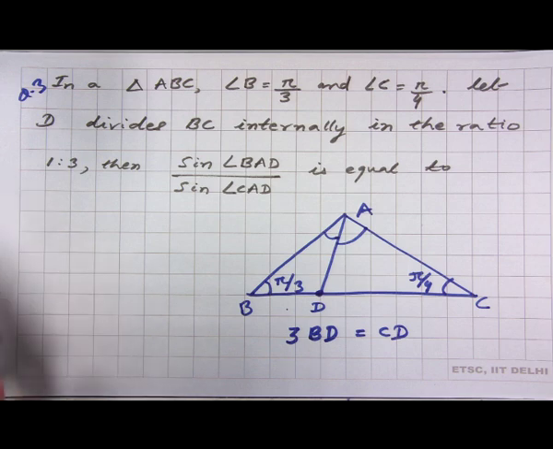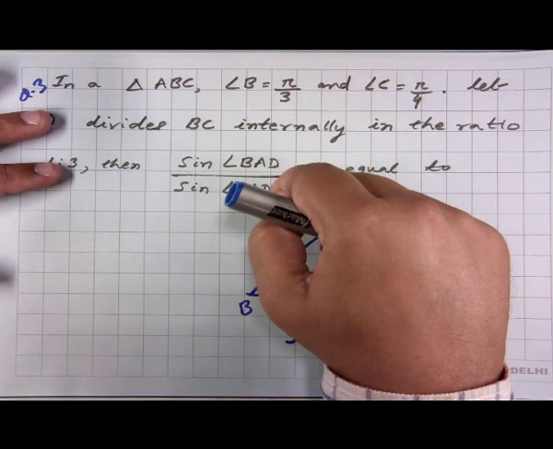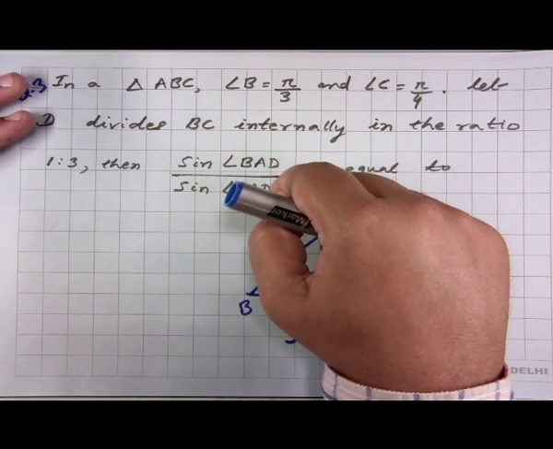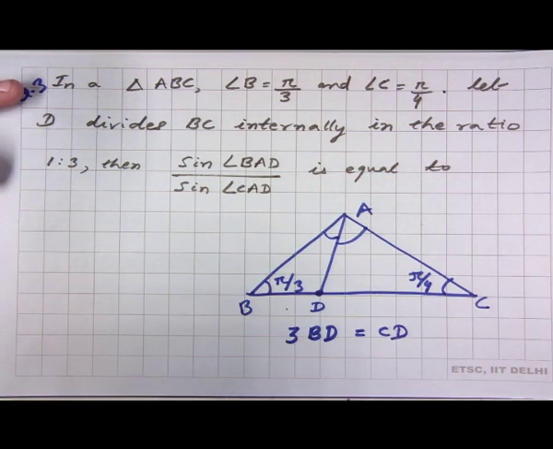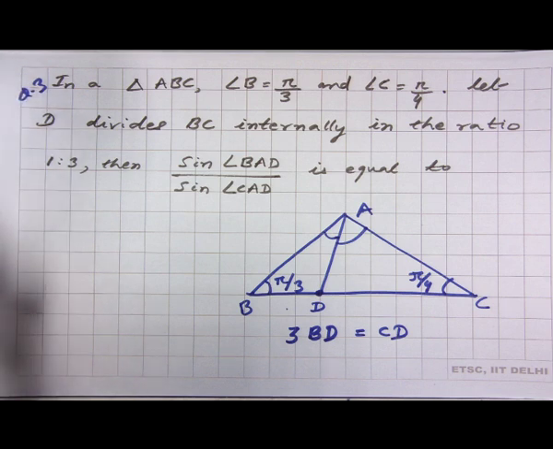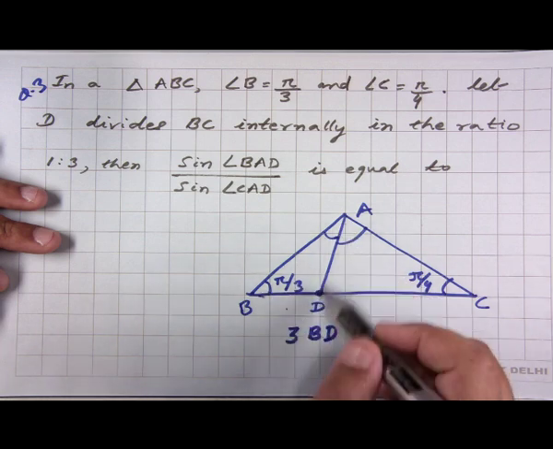And so, since the sine of angles is involved, it appears that using the sine law is going to be helpful. So, let us use the sine law in triangle BAD.